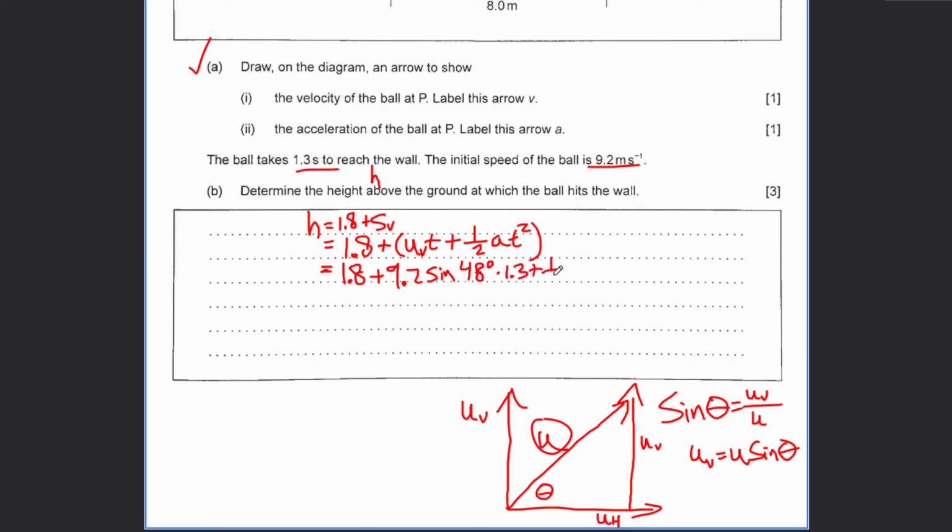Then we have plus 1/2 times A. A is the gravitational acceleration, so it's negative 9.81. And then T squared, so 1.3 squared. And then we can plug all of this into a calculator, and it will give us an answer of approximately 2.4 meters.